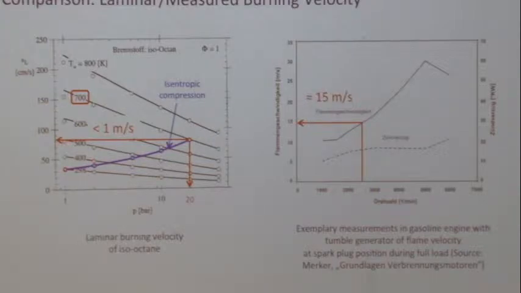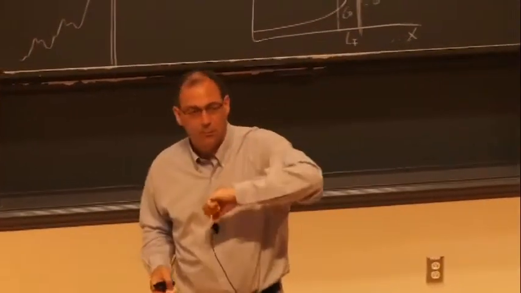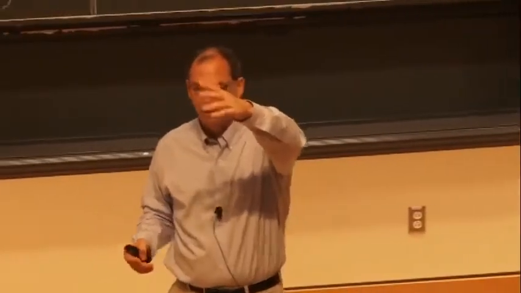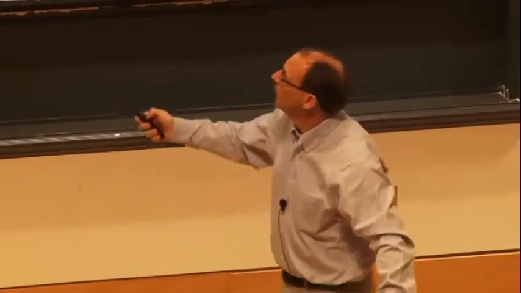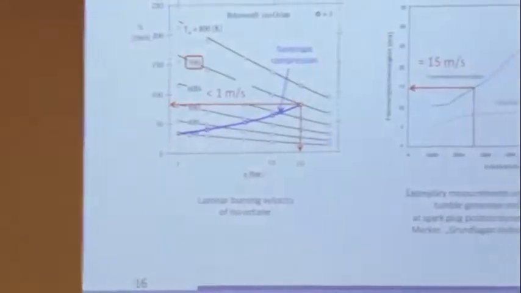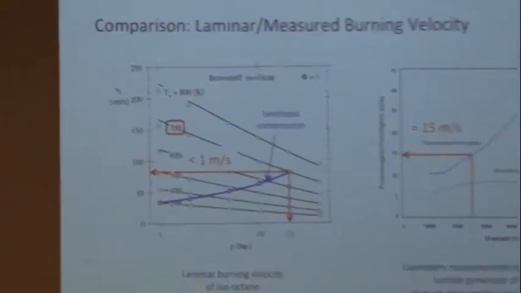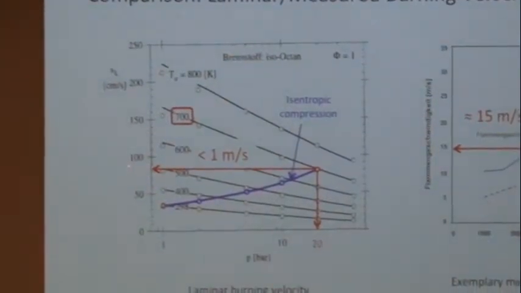Okay, and here it was 40. So that's what I said in one of the previous lectures. In this engine, you have strong preheating, and the strong preheating changes the adiabatic flame temperature, and that is very, very important for the burning velocity. The burning velocity goes up. At the same time, the pressure decreases the burning velocity, and so the overall effect of this compression is not as strong that you get a totally different order of magnitude. So let's say we have here a burning velocity of like 80 centimeters per second.